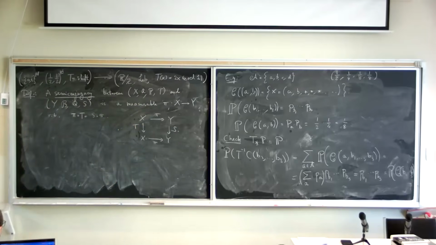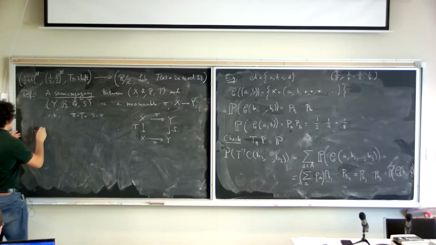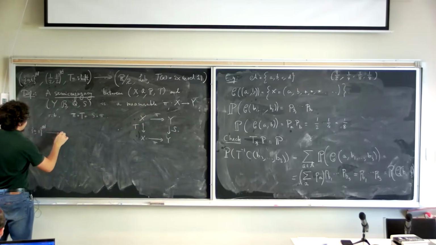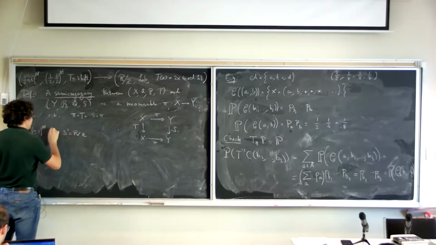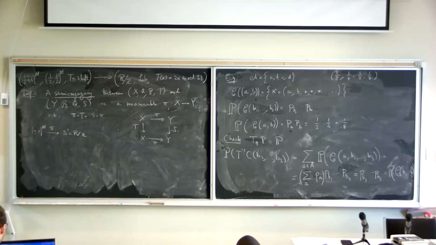But in any case, what is the semi-conjugacy here? Well, if we have a set of sequences, you can map it to S1, which we call R mod Z, by taking the binary expansion. From a point here, you can take a binary expansion and you get a sequence. And from a sequence, you can take the series, and you get a point.